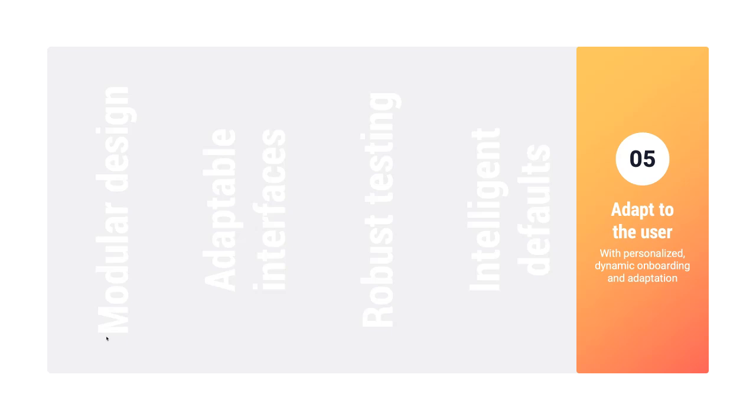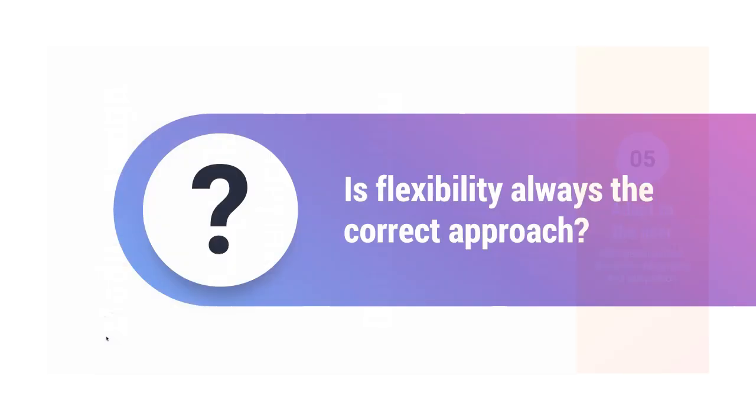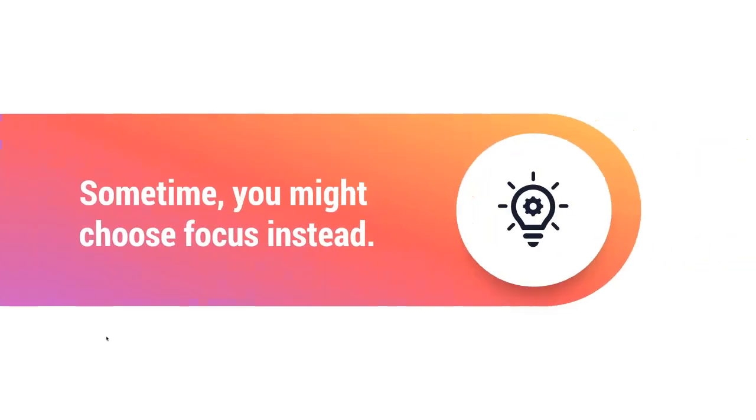But here is where it gets interesting. Don't assume flexibility is always the answer. Sometimes the best strategy might be to take a calculated bet on a specific approach. This could mean focusing on a particular use case, committing to a certain technological stack, or designing a fixed user flow.